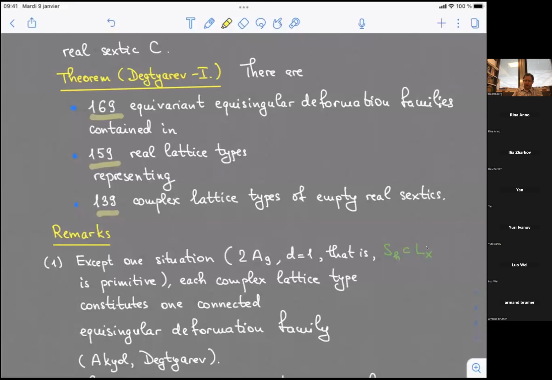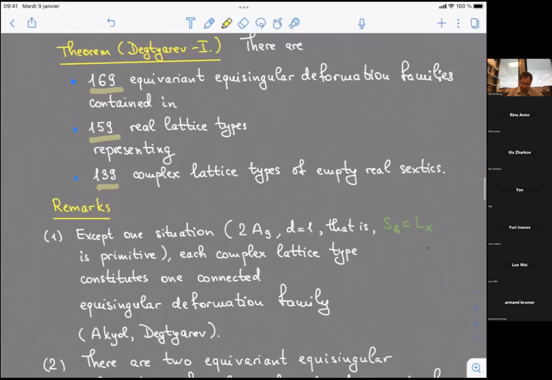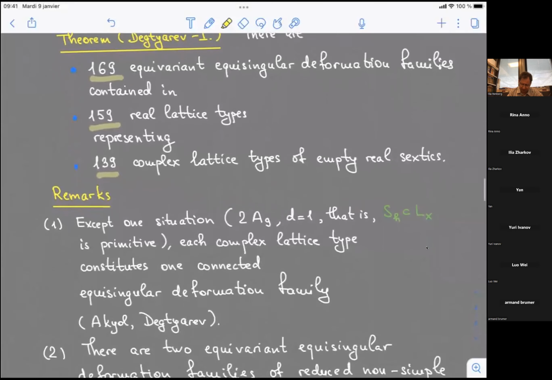There is only one complex lattice type that corresponds to two equisingular deformation families. All other complex lattice types constitute one connected equisingular deformation family each. So this is the result by Degtyarev and Degtyarev.